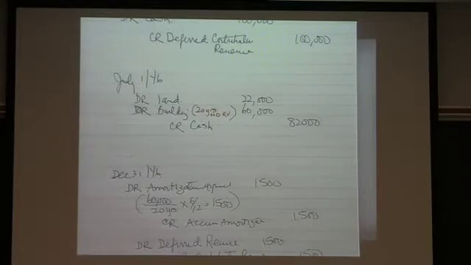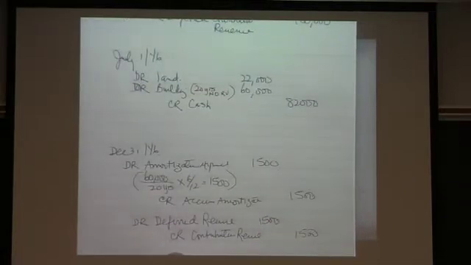Now, we're told that the $18,000 was paid for the maintenance, so we need to debit prepaid maintenance, $18,000, and we're going to credit cash.